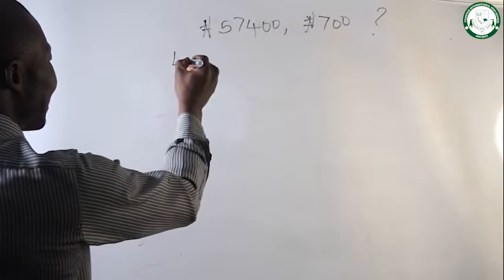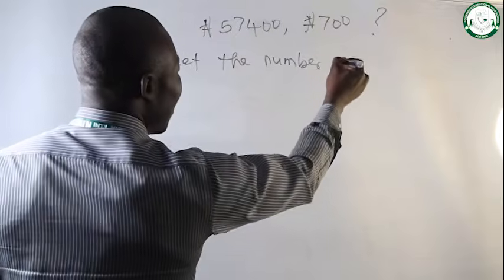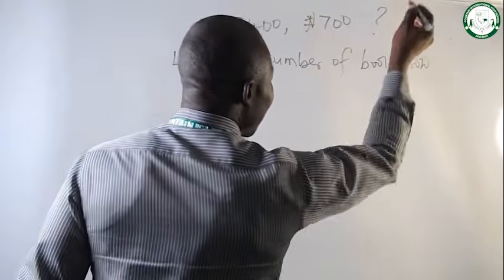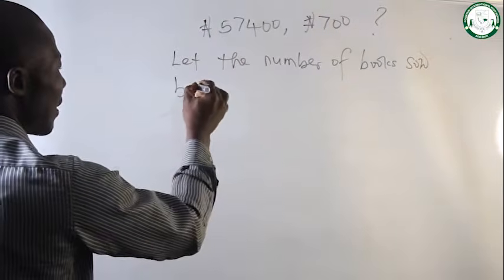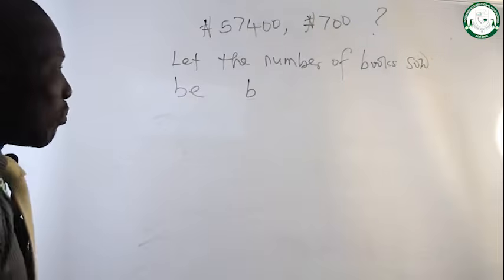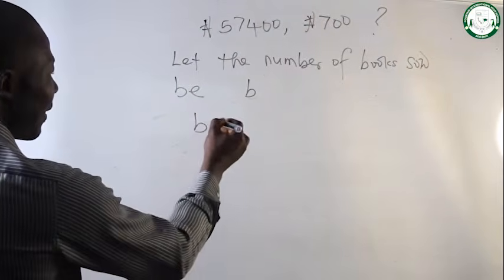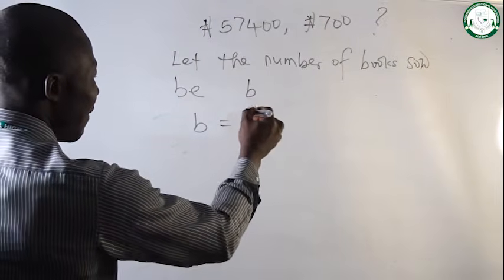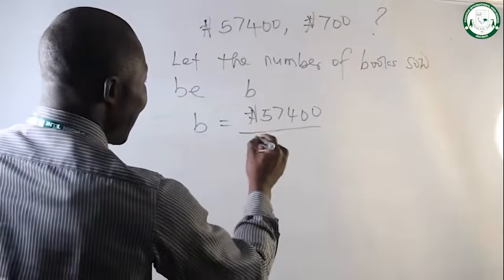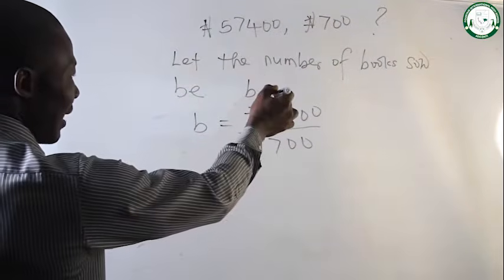We now decide that the number of books sold, let's say B, to represent books. So it means B equals 57,400 naira divided by 700 naira. Let's divide it.